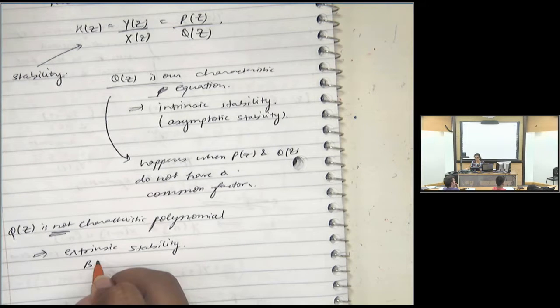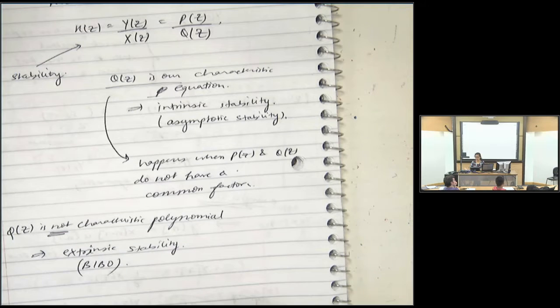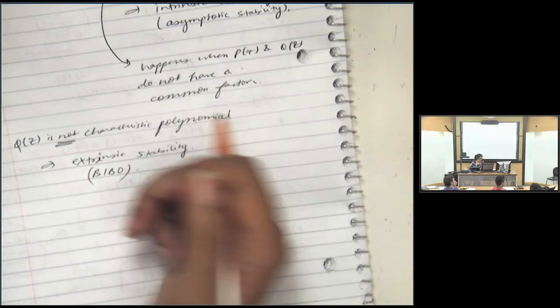which is also called BIBO stability, which is bounded input, bounded output. So what will you look for in extrinsic stability?